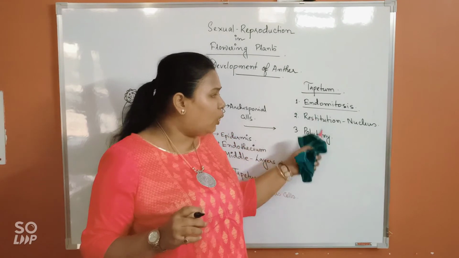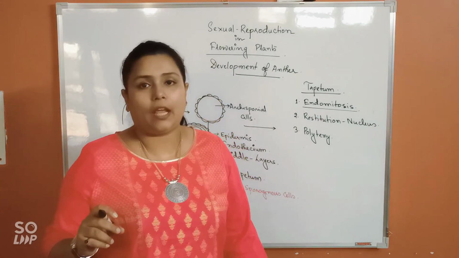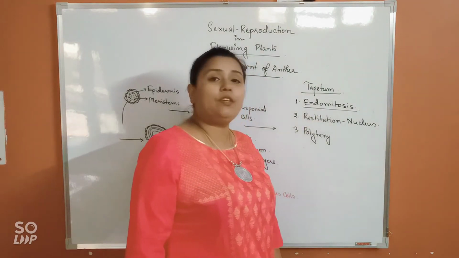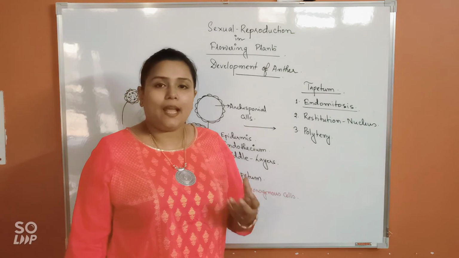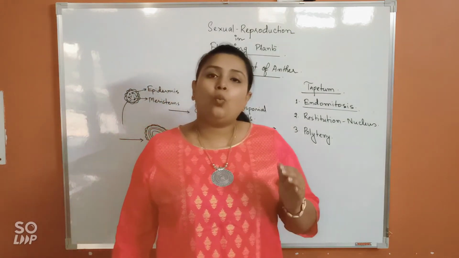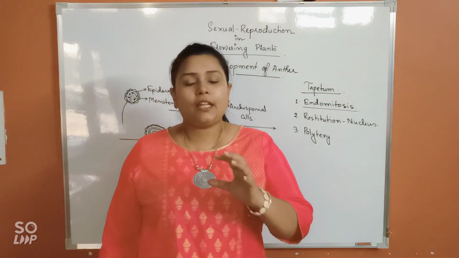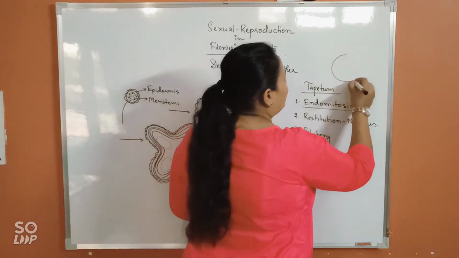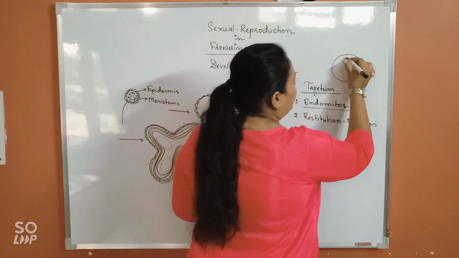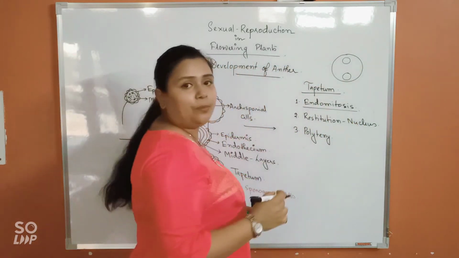Endomitosis, to understand all these three, you have to have a clear idea about the cell division chapter again. See, if you remember the cell division chapter, what would happen to a cell which is undergoing mitosis? Once it successfully completes telophase, how will the cell look? The cell will look like this. It has two distinct nuclei formed at the two opposite poles of the cell.